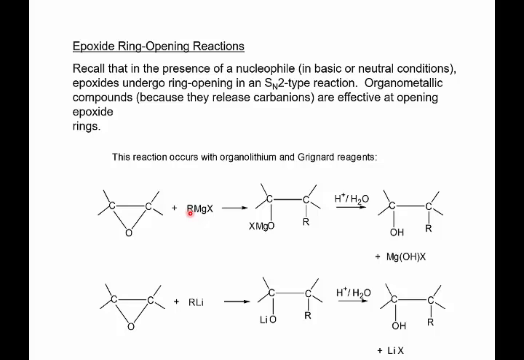The nucleophilic R bonds to the carbon, breaking the C-O bond. The electrophile is the positive MgX that bonds then to the oxygen, as shown here, and the carbon nucleophile bonds to the epoxide carbon. And this is the ring opening addition product.